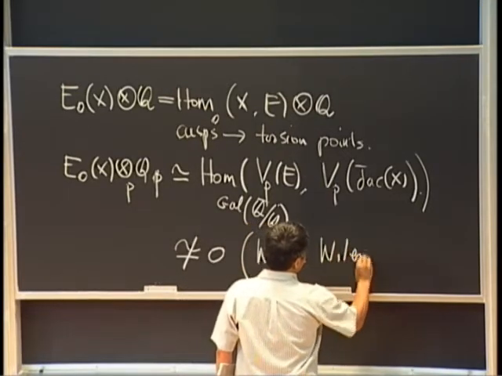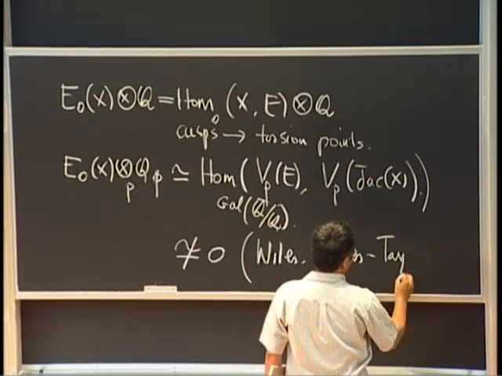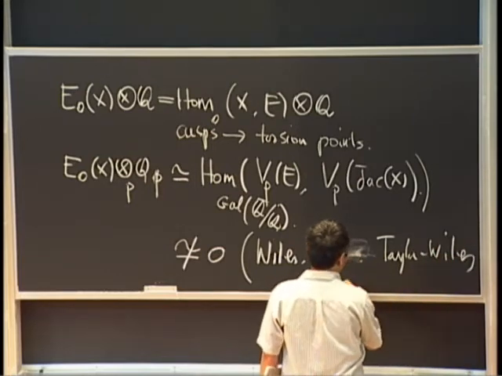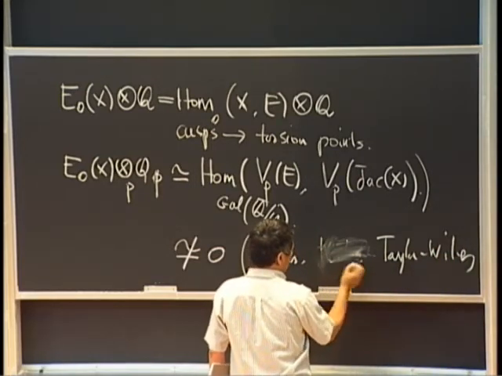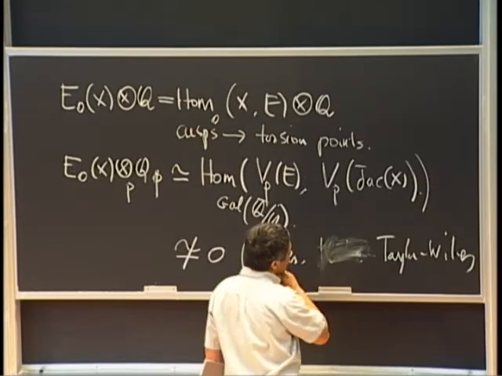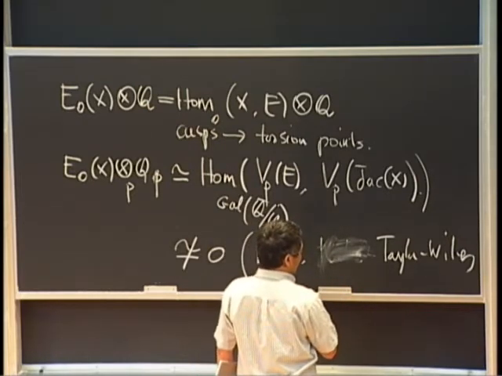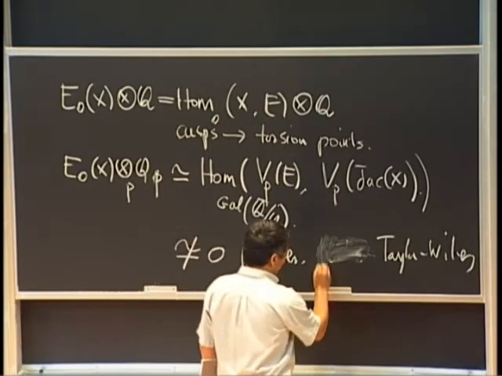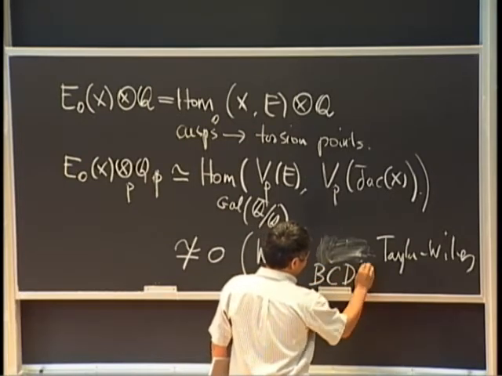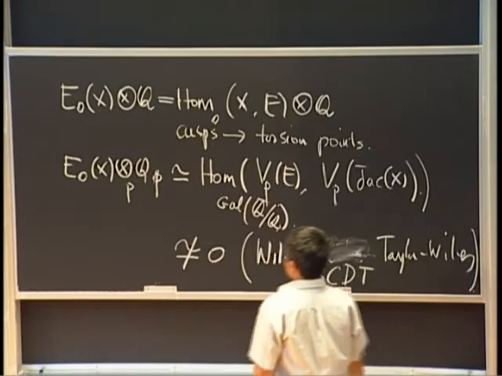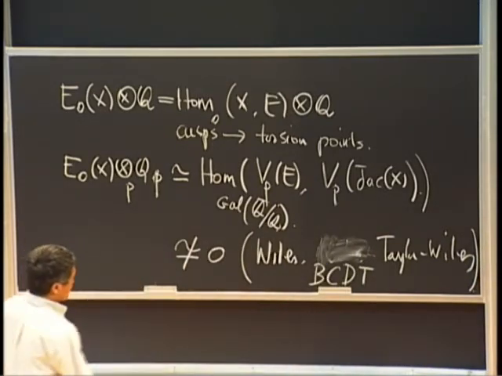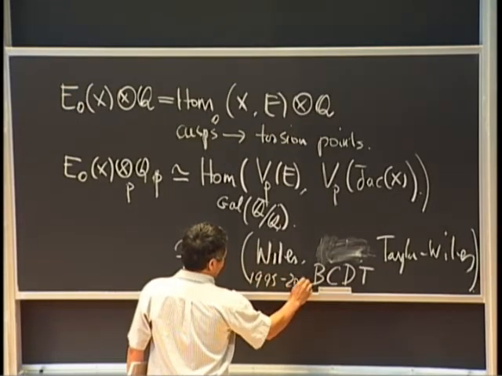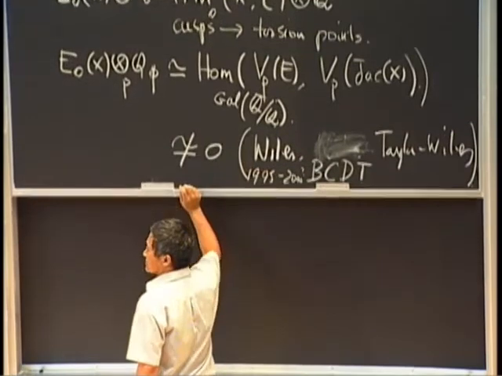Wiles told us, or Taylor-Wiles, and it was completed by Conrad, Breuil, Diamond, Taylor, I try to remember, right? This is like 1995 to 2000, I don't know. So this is the next major result.